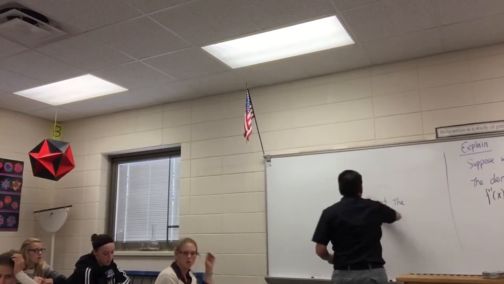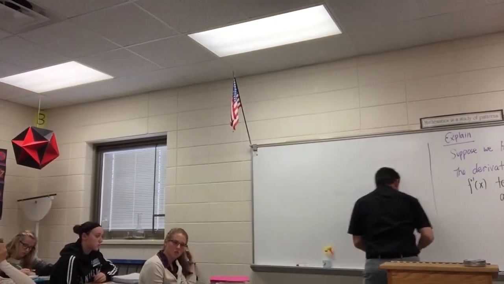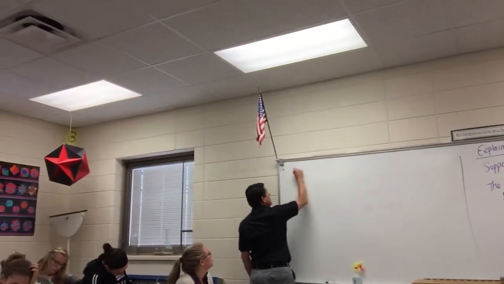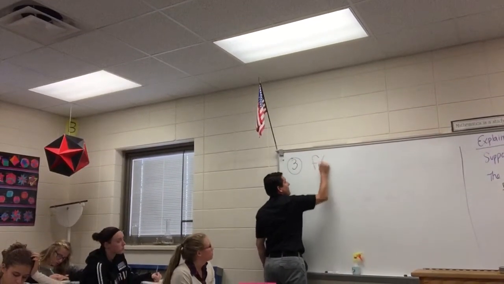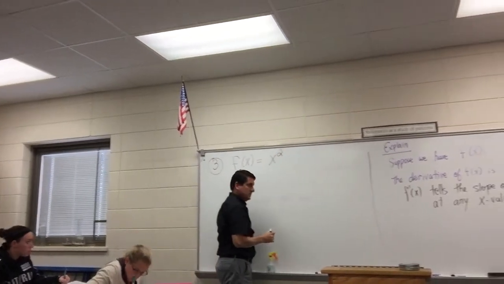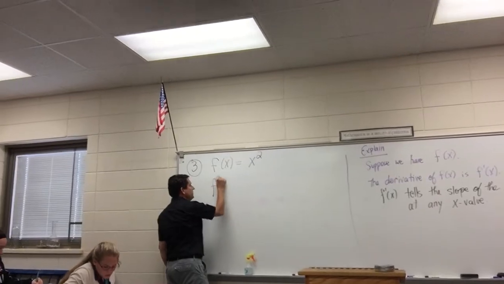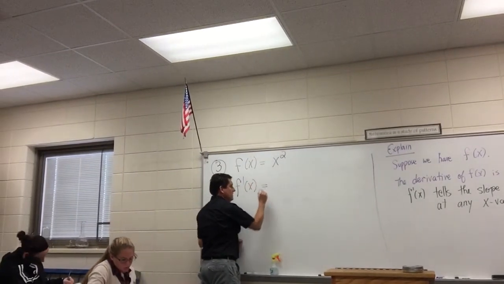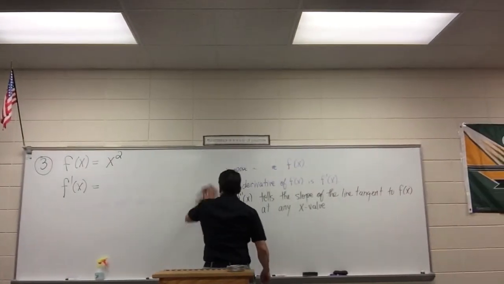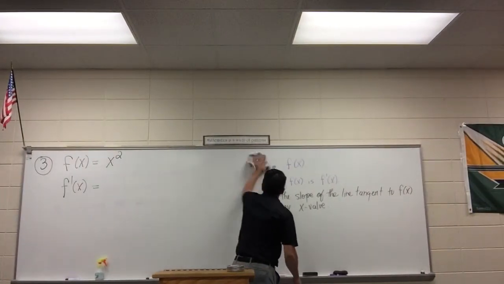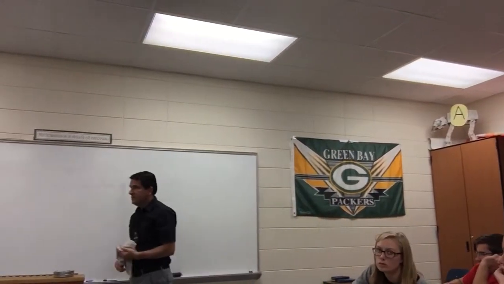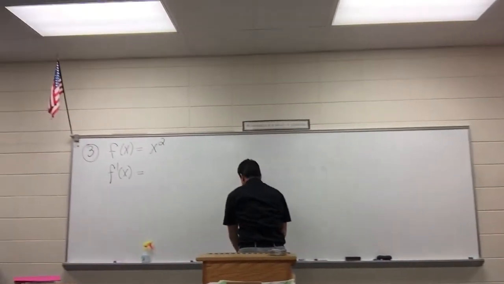Where should I go next with this? What should rule number 3 be? X squared. So, what if f of x is equal to x squared? What is the derivative of x squared? Two x is correct.